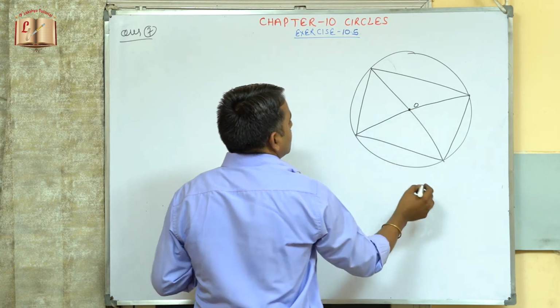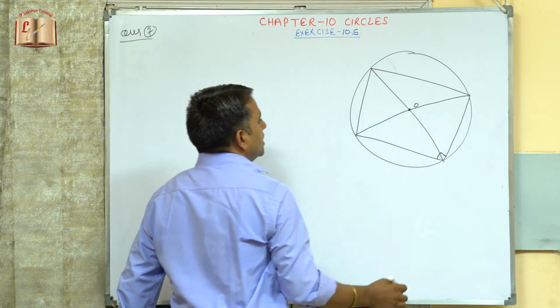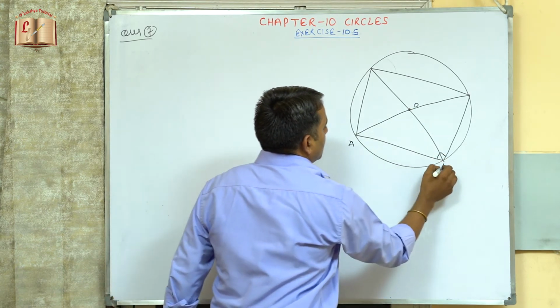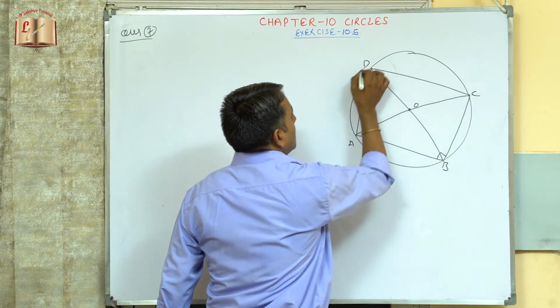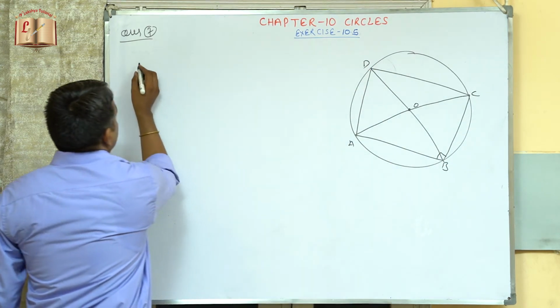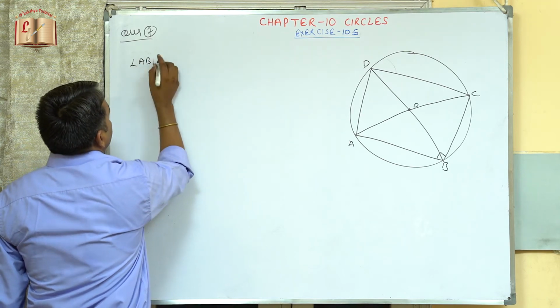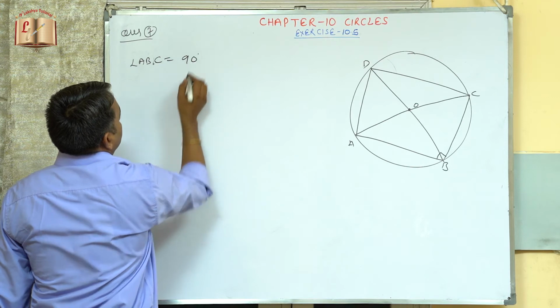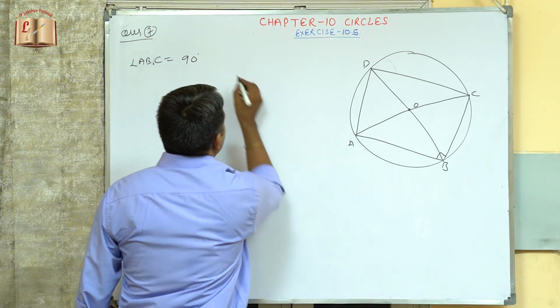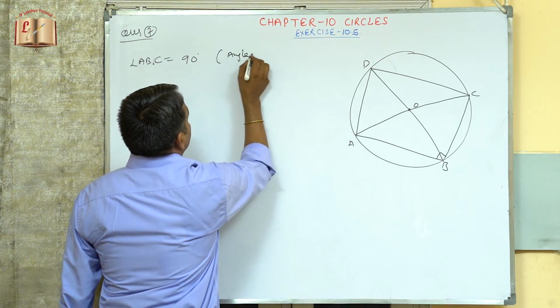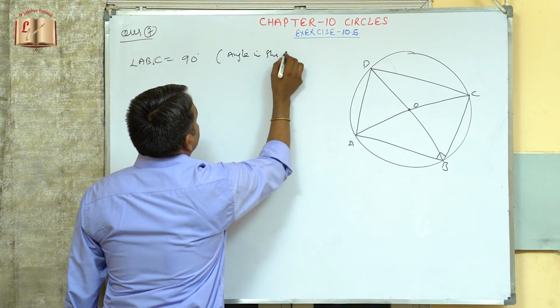So they pass through the center of the circle, so this angle will be 90 degree. We can write A, B, C and D. So angle ABC will be equal to 90 degree, because this is the angle in the semicircle.